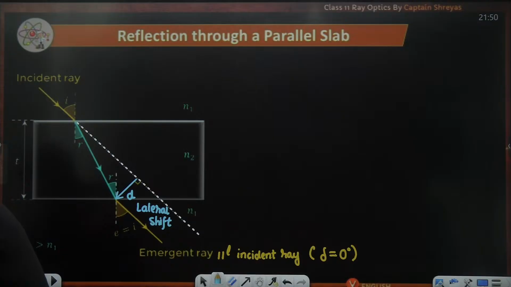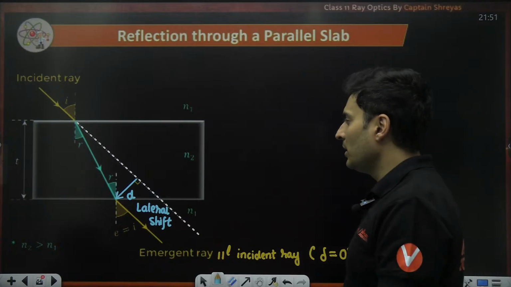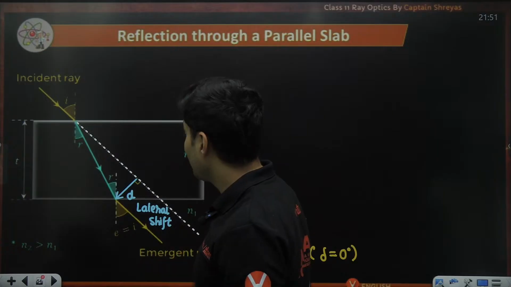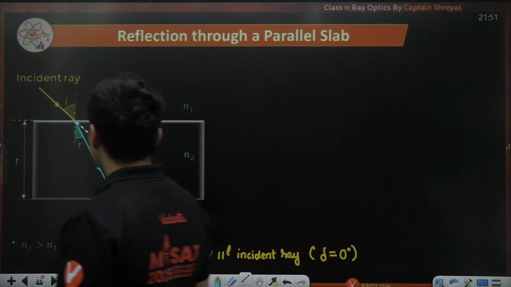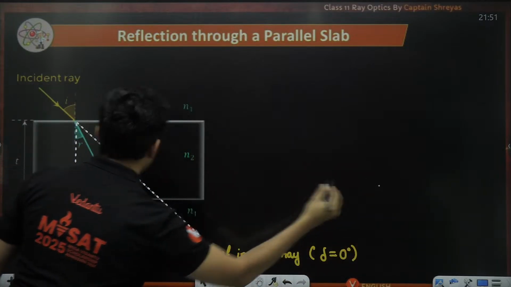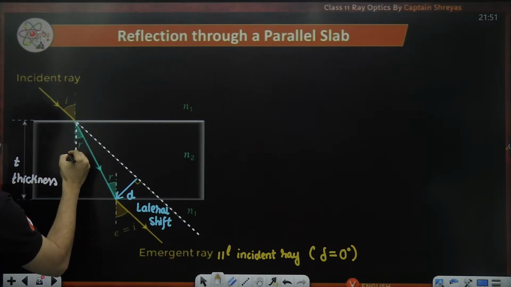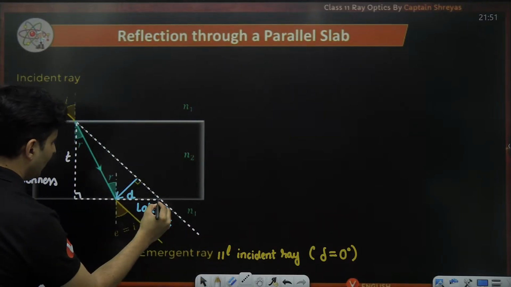Okay, perfect. So you might be wondering, sir, what is the formula for this lateral shift? You can get it using simple geometry. You have to just use that geometry on this particular triangle and do some geometrical constructions over here. This is the thickness of the slab, T. This is 90 degrees, and then draw a line here.